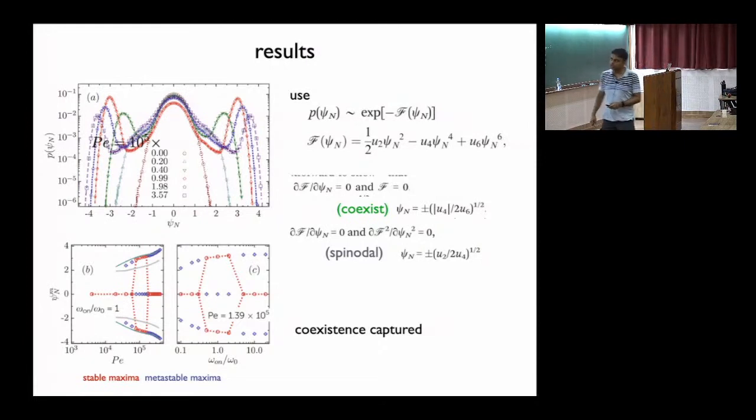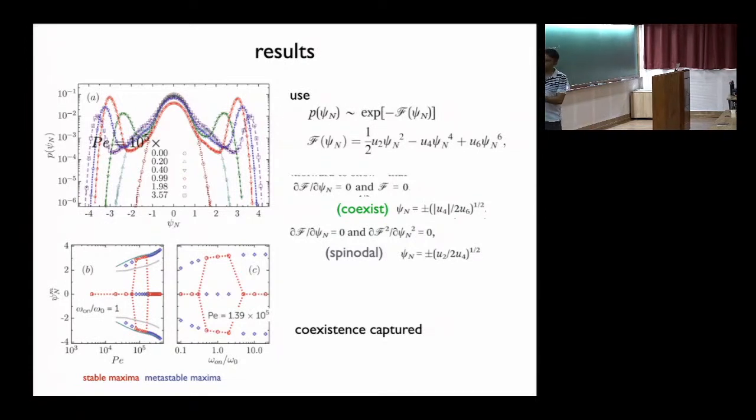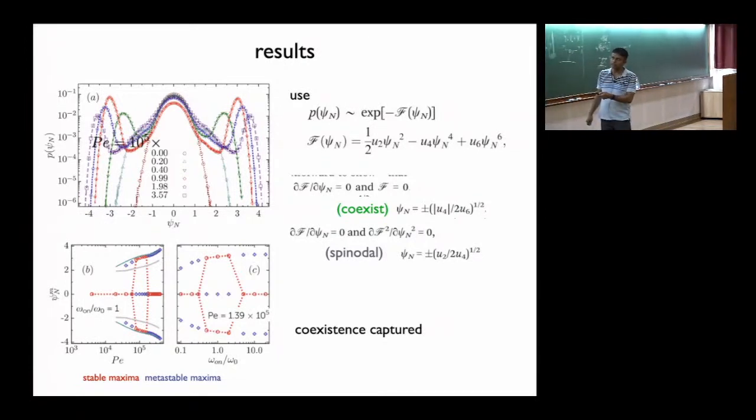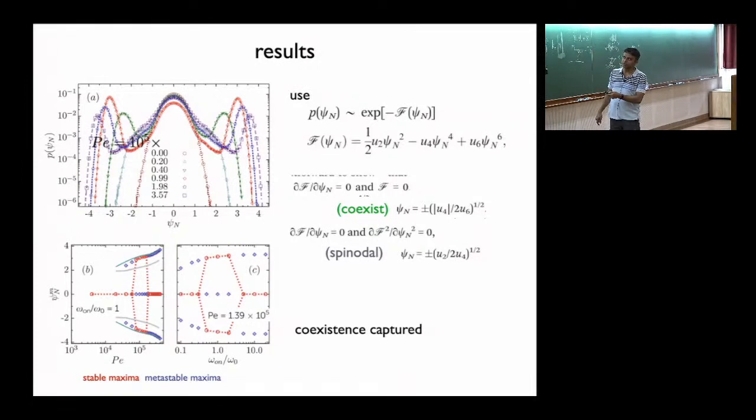Quickly, one thing I show here is the position of the largest maximum as a function of this activity, which we call the Peclet number. If you plot it like that, you'll see that the maximum remains at 0 up to some point, then the bigger maximum goes to a non-zero value, and then again it comes back to 0.